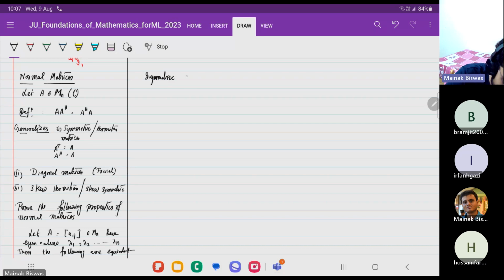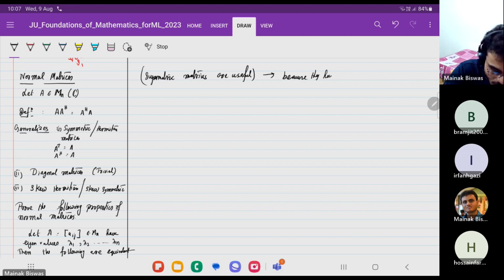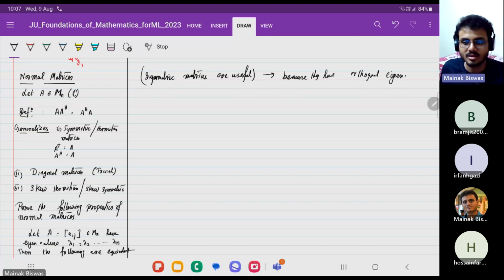Symmetric matrices are useful, and you may have heard that because they have orthogonal eigenvectors. All these things you may have heard if you have done PCA and so on.